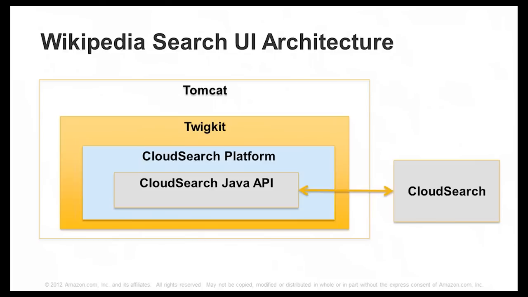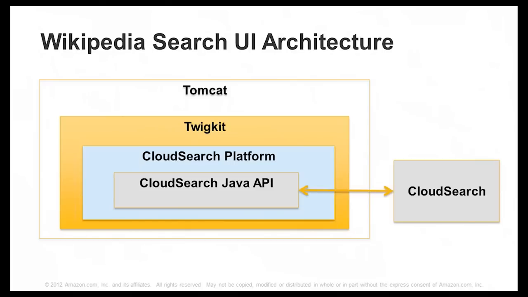In order to get CloudSearch to work with TwigKit, though, we first created a Java API, and this is open source and was announced on the Amazon forums, which is just an ordinary Java API that handles all the communications to CloudSearch. That is, creating the URL and the parameters, and then processing the CloudSearch query XML that comes back.